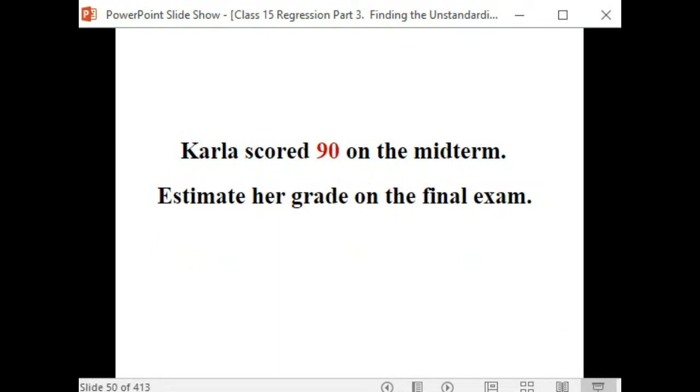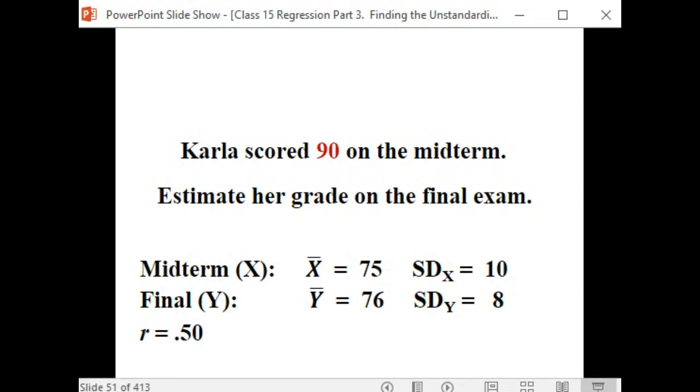In this example, we have two variables, midterm and final exam. The one we're asked to estimate is the final exam, so that's our criterion. Her grade on the final exam is the criterion, and the other variable, her score on the midterm, must be the predictor. For this type of problem, we're usually given a fair amount of background information.